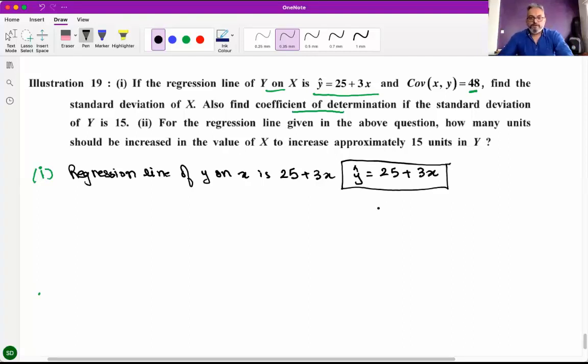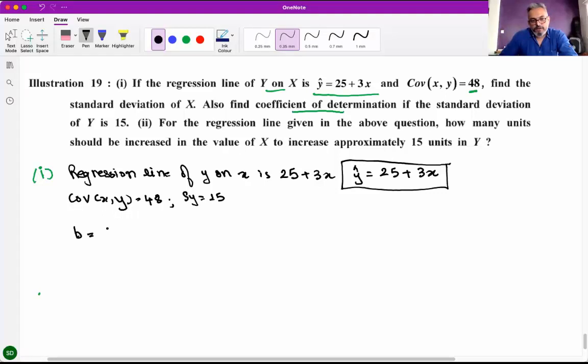This is known to us. Now covariance x comma y is equal to 48. Find the standard deviation of x. Also find the coefficient of determination when standard deviation of y is 15. Please pay attention. Now over here, first we write this formula.